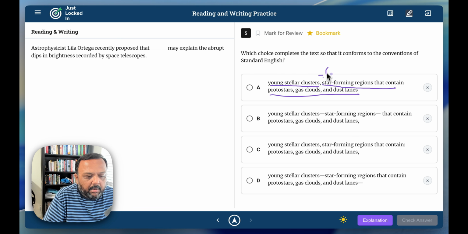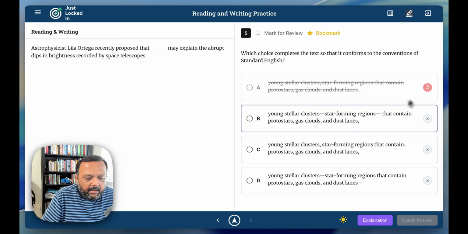Therefore, this is the supplementary information, and it needs to be set off by either a comma, a dash, or brackets. Okay, so having said that, when you look at this, young stellar clusters, comma, we need to close this with a comma before we say may explain the abrupt dips in brightness, but it is missing a comma, and therefore this is not the correct answer. Okay, young stellar clusters, star-forming regions, dash, right, that contain protostars.